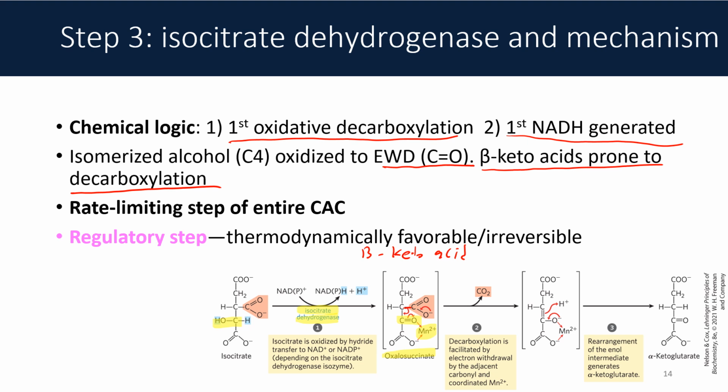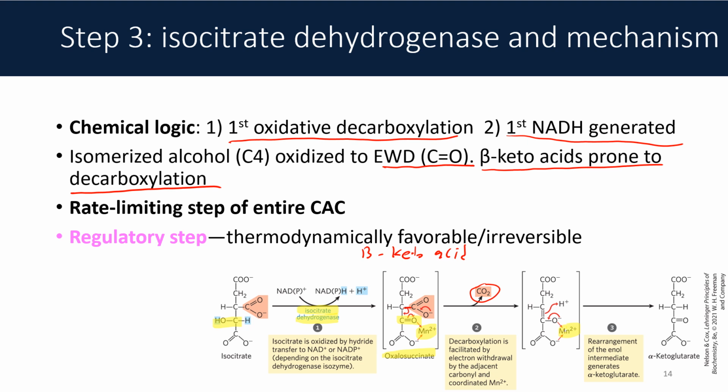So follow those arrows. The electrons are going to flow from that carbon-carbon bond that's going to break off the carboxyl as a CO2. And those electrons are going to swing up onto that newly formed ketone as a CO minus, which gets stabilized by our manganese cofactor over there.